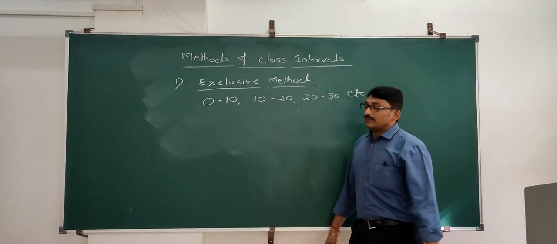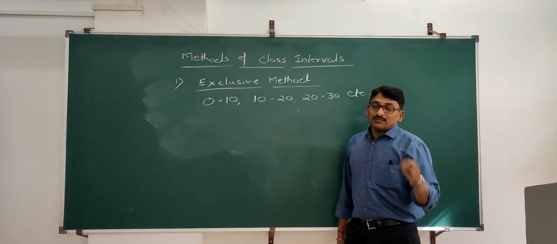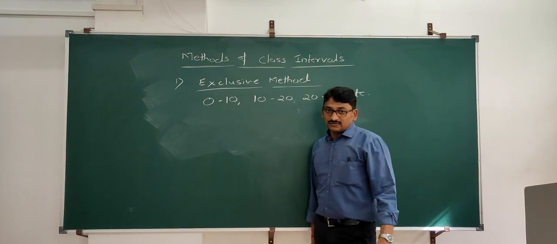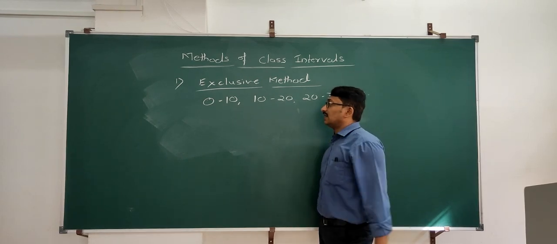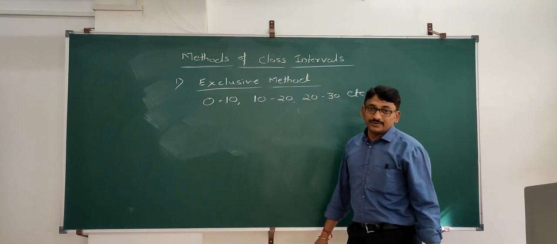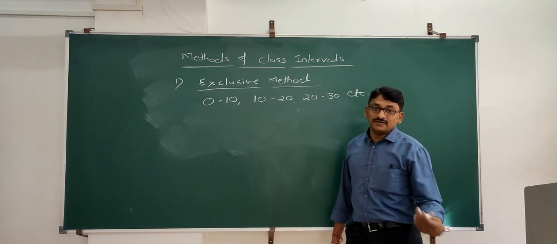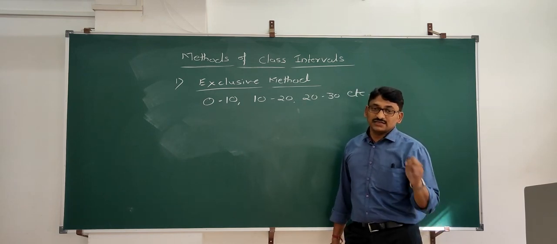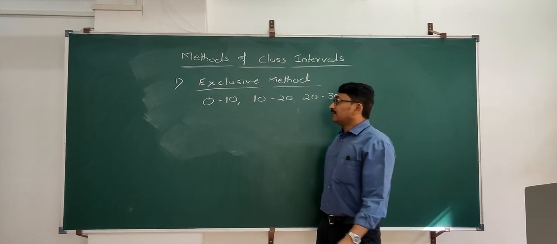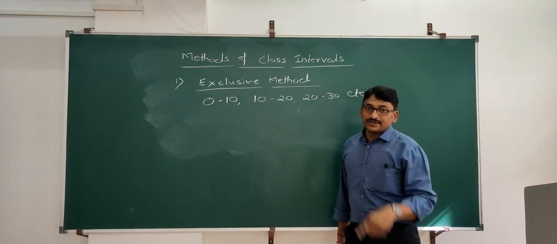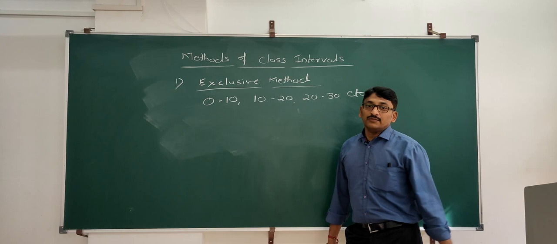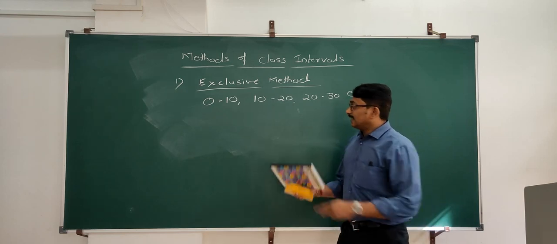In this exclusive method, the upper limit of one class interval is once again repeated as the lower limit of the next class. This is the important one. Take the same example.